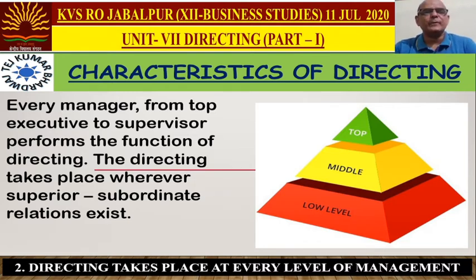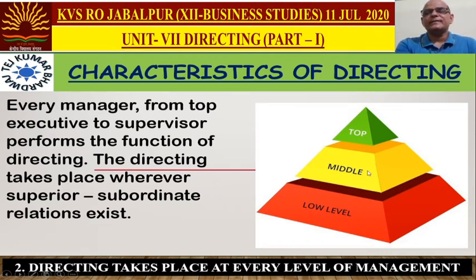It takes place wherever the superior subordinate relationship exists. So dear student, first of all, between top level and medium level, there is a superior subordinate relationship, because all the people working at the middle level are the subordinates and top level managers are the seniors. So wherever there is a senior subordinate relationship, you will find the element of directing. Then we pass on the authority from medium to lower level.